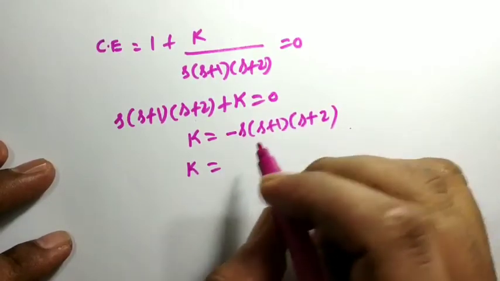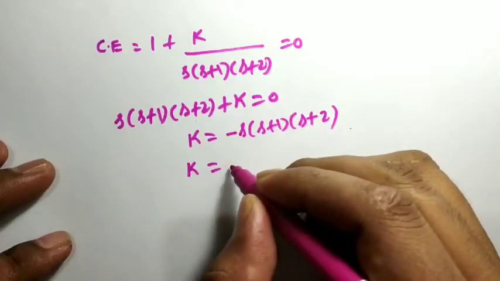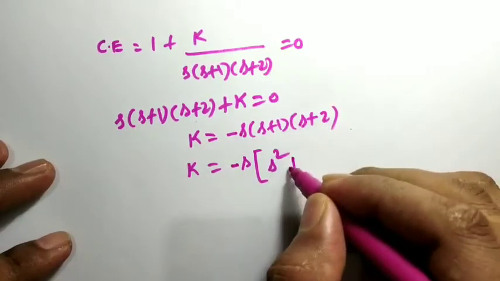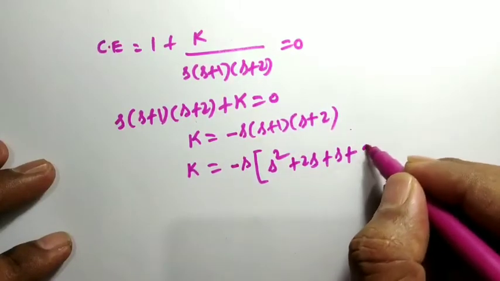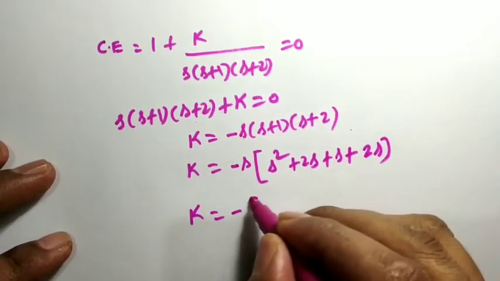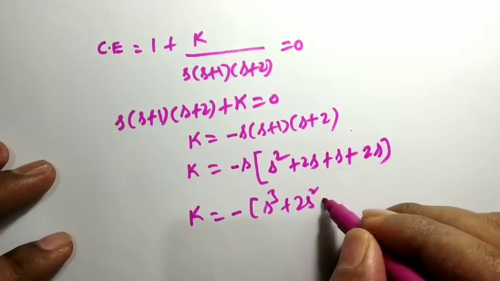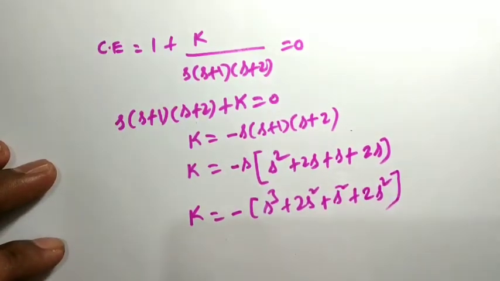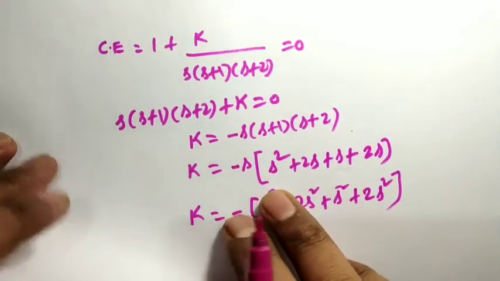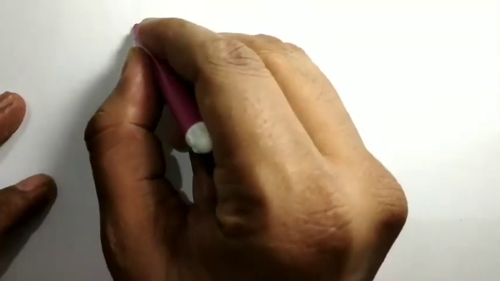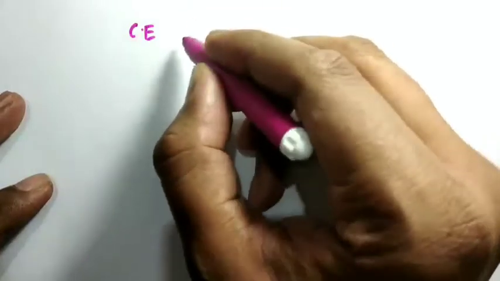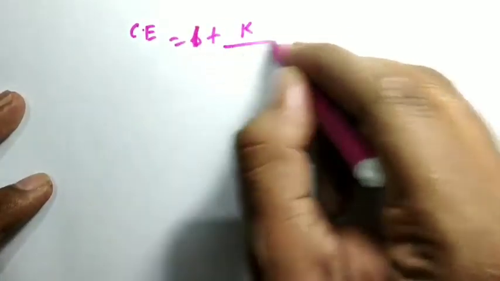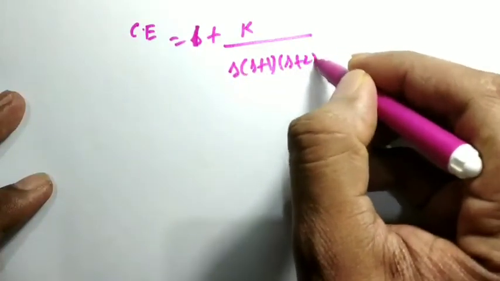Here is the characteristic equation: 1 plus k by s into s plus 1 into s plus 2 which is equal to 0.